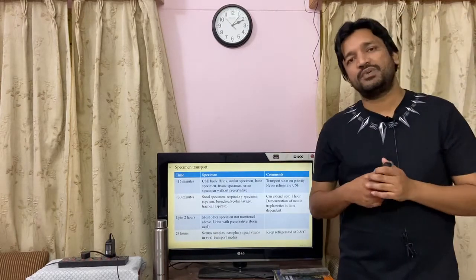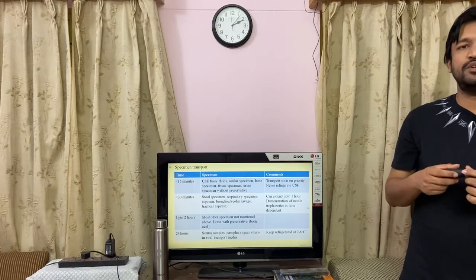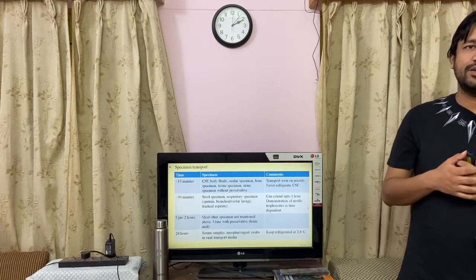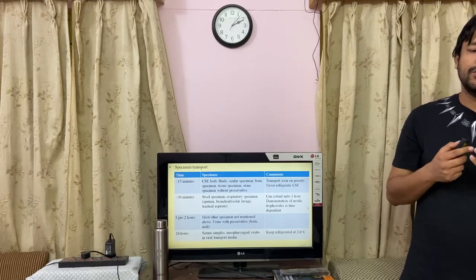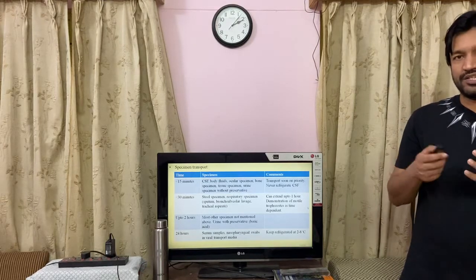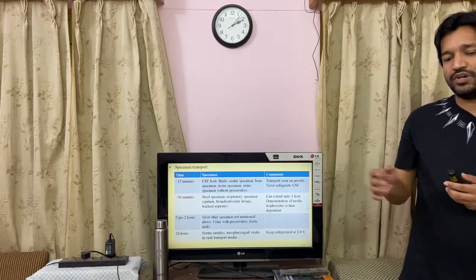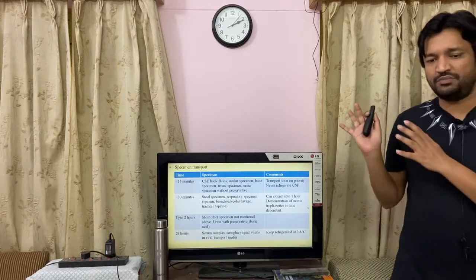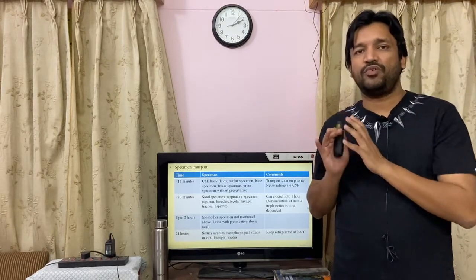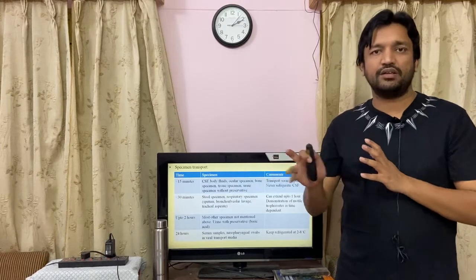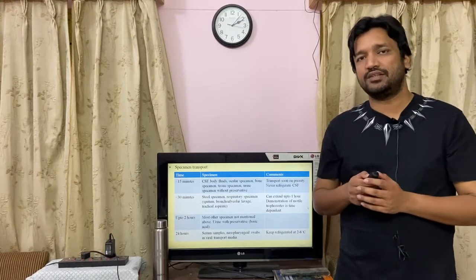Also, respiratory specimen should preferably be transported within 30 minutes. Then certain specimen for serological testing of various bacterial infections, nasopharyngeal swabs in viral transport media, can be stored for up to 24 hours under refrigeration at 2 to 8 degrees Celsius.